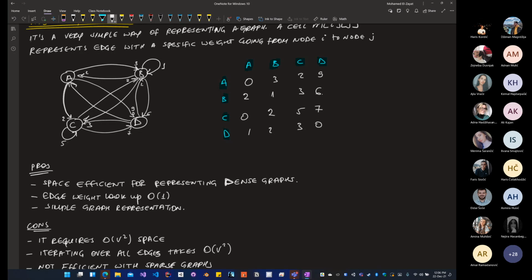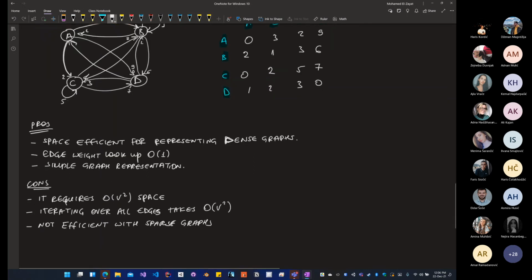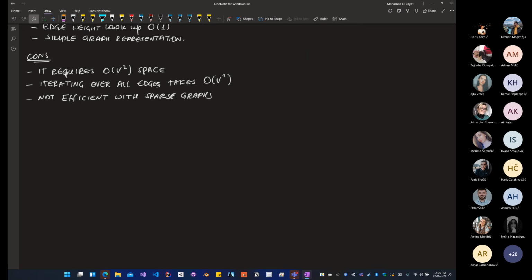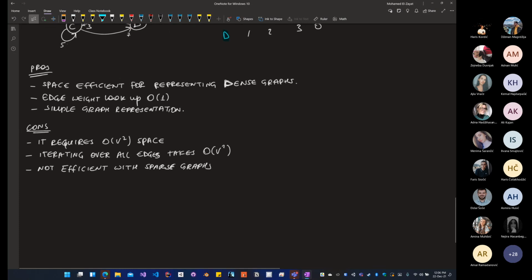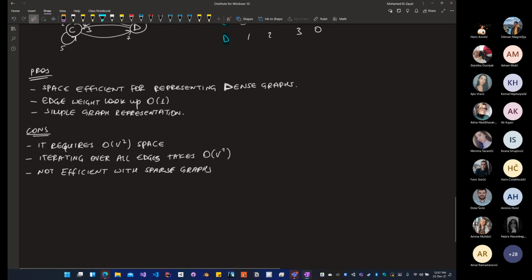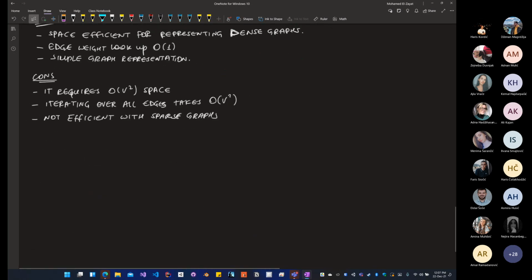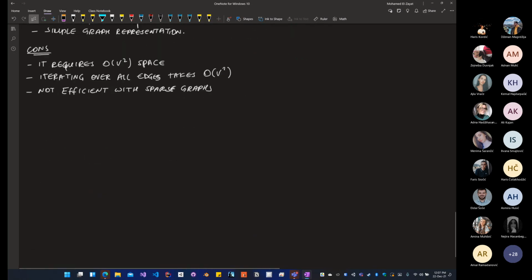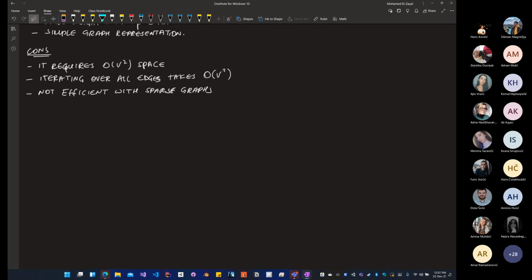You're allocating a huge amount of space to keep track of a graph that doesn't have that many connections. So this is one of the problems with using an adjacency matrix. Obviously, it will not matter if you are doing something super simple like this, but if you are keeping track of something super large, like a map of a city, now it will start to matter.